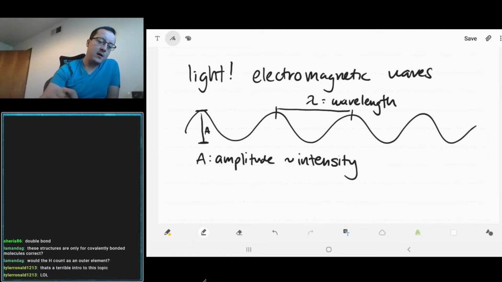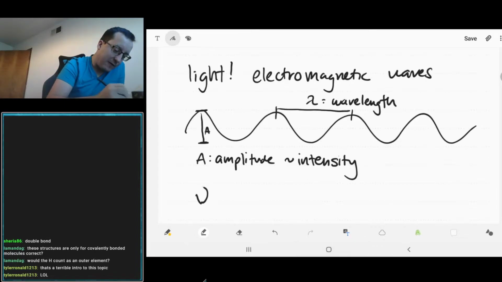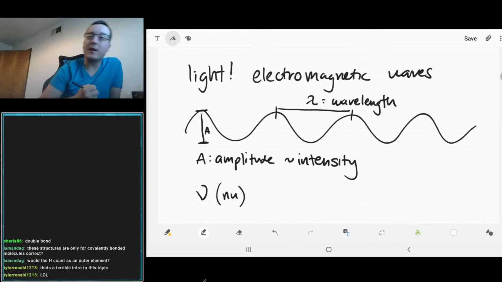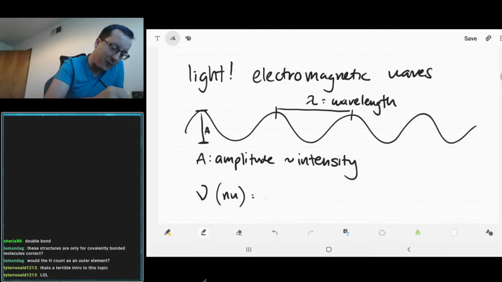Cool. We have another property, which is the Greek letter nu. It looks like a V, but it's a fancy V. Which is the frequency.